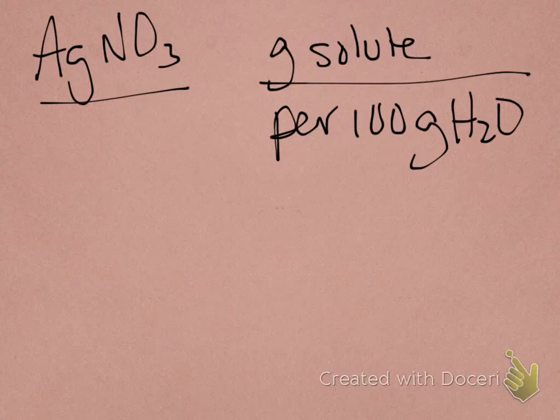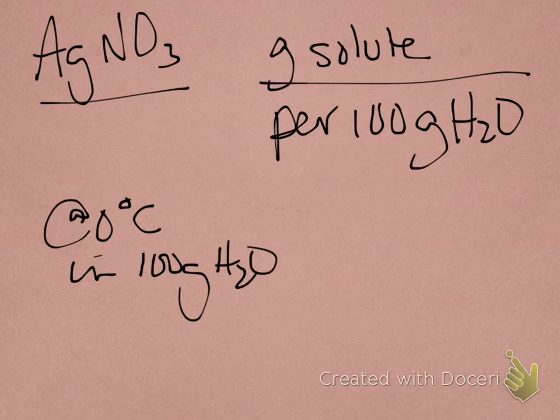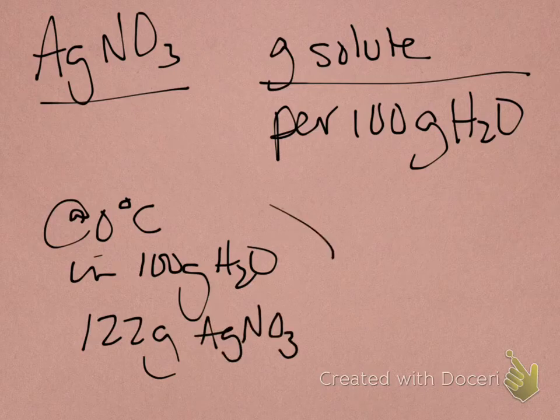If we have 100 grams of water at 0 Celsius, how many grams of silver nitrate can I dissolve in there? This is just reading the chart. 122 grams of silver nitrate. So, at 0 degrees Celsius, in 100 grams of water, I can dissolve 122 grams of silver nitrate.